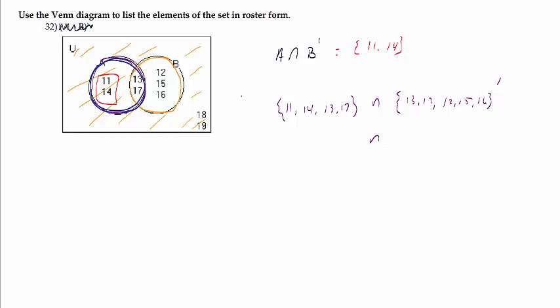The complement of B is going to contain 11, so it's all the things not in here. So I have 11, 14, 18, and 19. Then I can intersect that with set A, which is 11, 14, 13 and 17. Which ones do these have in common? 11's in both, 14 in both, and that's all. So again, we get the same answer, the set containing 11 and 14.